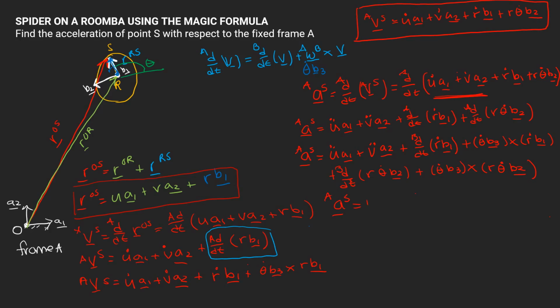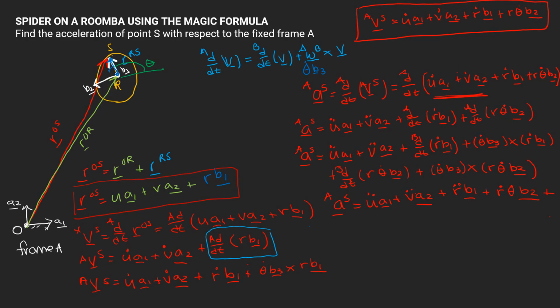All right, and then we just continue along. So we have our easy acceleration terms, u double dot a1 plus v double dot a2. The time derivative of this term here in frame B is r double dot b1. You can factor out that theta dot and that r dot, and the cross product between b3 and b1 is b2, so we can write this as r dot theta dot b2.